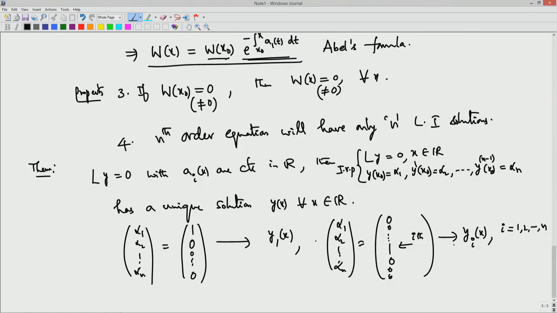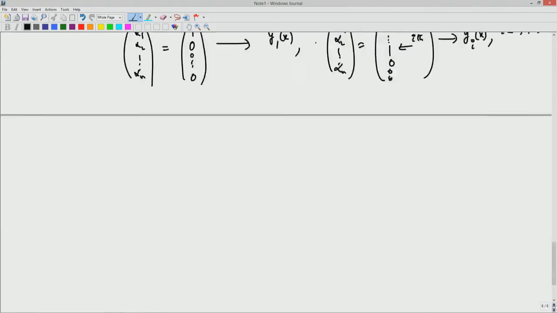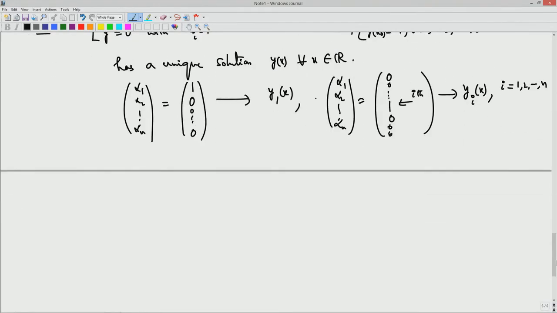Why are they linearly independent? Because if you make the Wronskian out of all these solutions at this initial value, what is the Wronskian? The Wronskian of y1, y2, yn at x naught is actually equal to, y1 at x naught, that is 1 0 0 0 0.